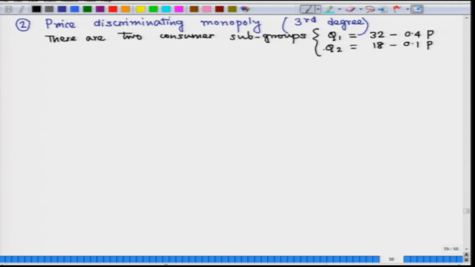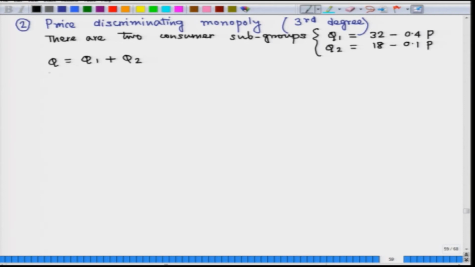Okay. So, now note that I have chosen the sub-market demand functions in such a way that q is q1 plus q2. So, if I add these two subgroups' demand functions, I get the original demand function with which I started my first numerical example. So, I can now find the inverse market demand functions for these two consumer subgroups, right.